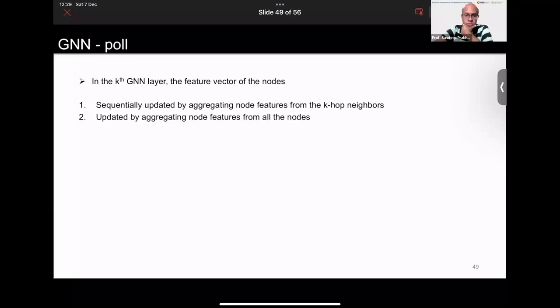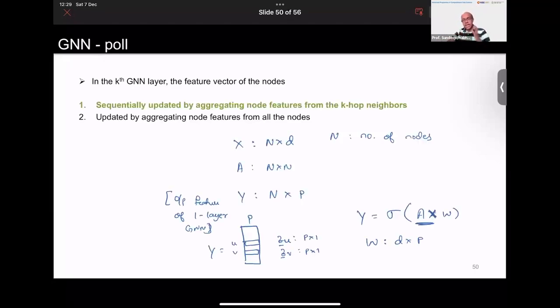Let's end this poll now. So the deeper we go in graph neural networks, the more information you are aggregating, right? So just to restate, we have an n by n adjacency matrix and an n by d feature matrix, where n is the number of nodes.